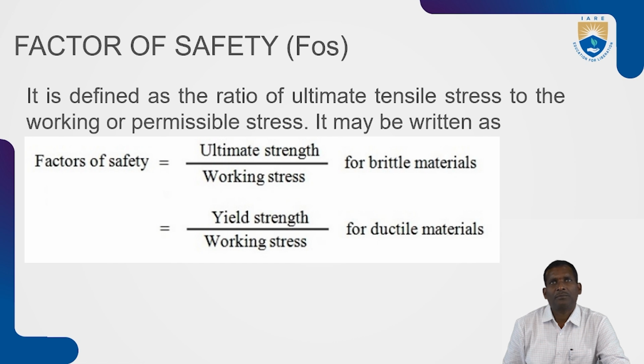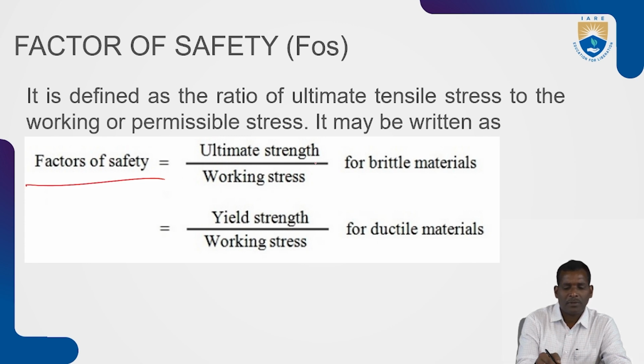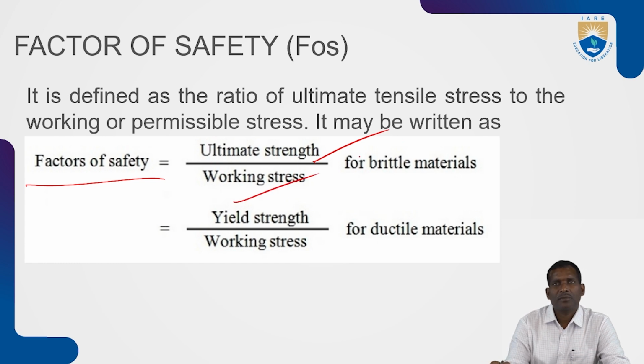The factor of safety. It is defined as the ratio of ultimate tensile stress to the working or permissible stress. It may be written as factor of safety is equal to ultimate stress by working stress for brittle materials. For ductile materials, yield strength is used.